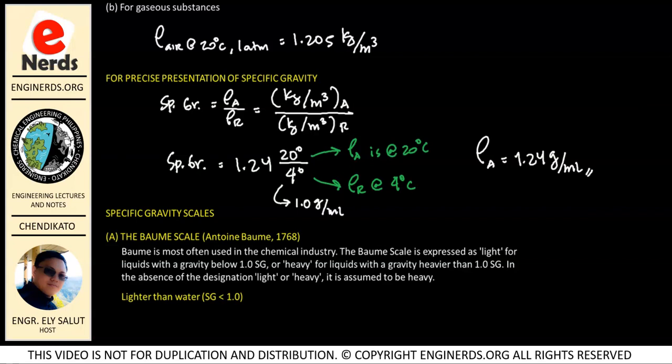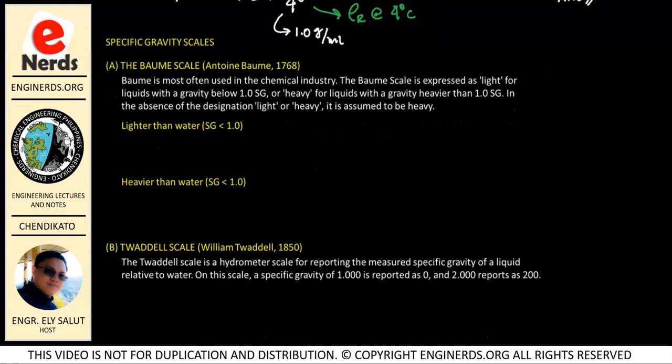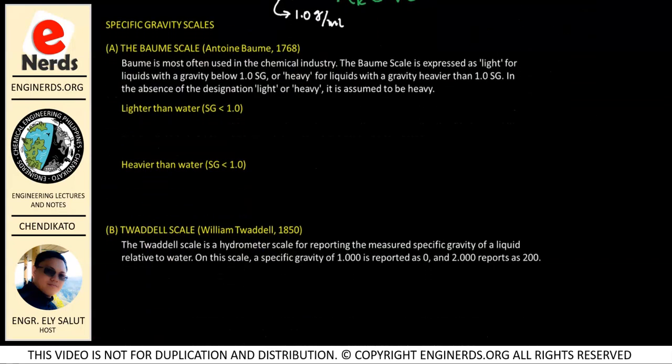Now, there are different specific gravity scales na maeencounter natin. And I am just going to show you 4 of the most common specific gravity scales. Okay, so first we have the Baumé scale, which was introduced by Antoine Baumé in 1768. Baumé is most often used in the chemical industry, and it is expressed as light for liquids with a gravity below 1.0.